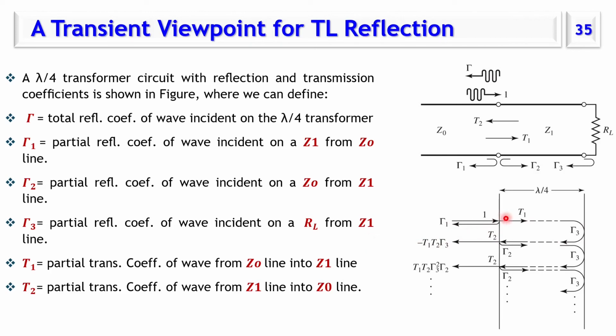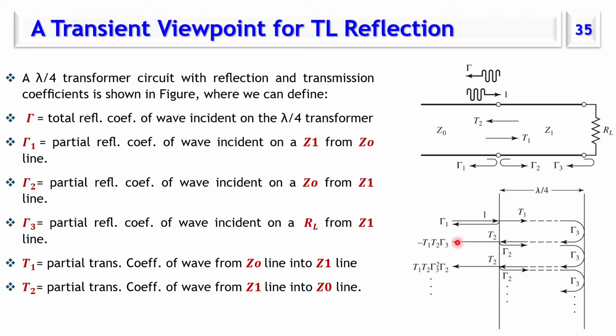The signal travels here lambda by 2, so it has a negative sign because lambda by 2 corresponds to pi, which corresponds to minus 1. Then part of it will be reflected, gamma 2, gamma 3, T2 again, but again another lambda by 2, so minus 1, minus 1.